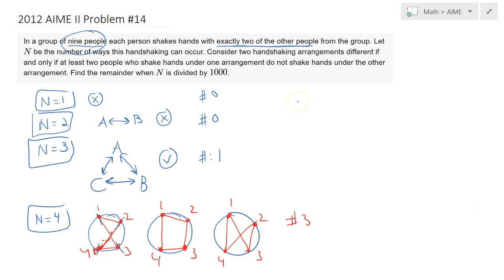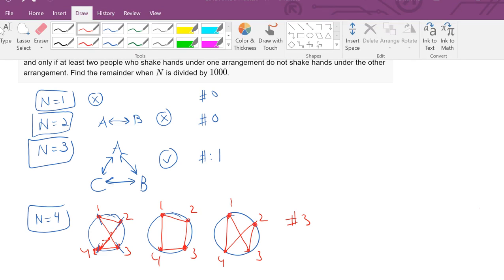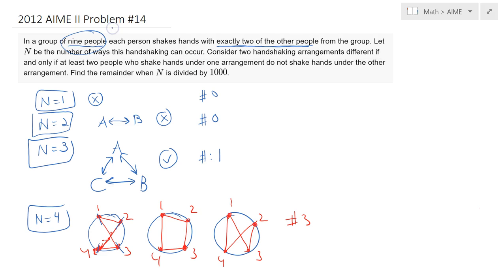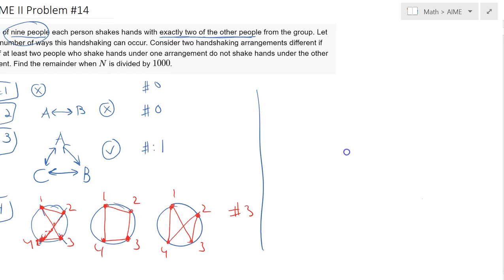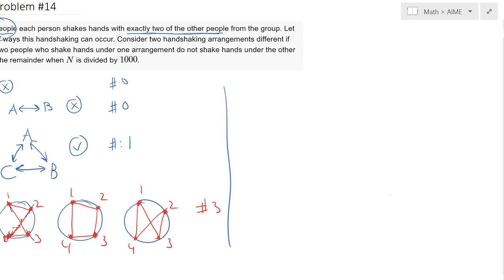Finally, let's play this game one more time. Okay, so this one actually will give us what's going on in the general case. N is equal to 5. So how does this handshake happen? So 1, 2, 3, 4, 5.